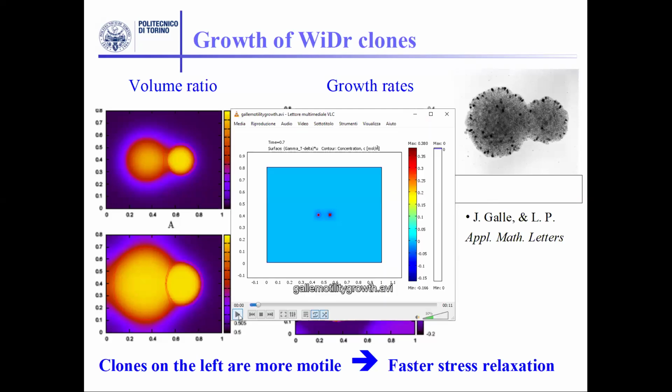in some sense I'm plotting the right-hand side in the mass balance equation. At the beginning, you see that both clones are proliferating a lot. Then the one in the center is not proliferating, not because of nutrient, because in this experiment the simulation is 2D and the nutrient comes from above, so all cells have all the nutrient available.